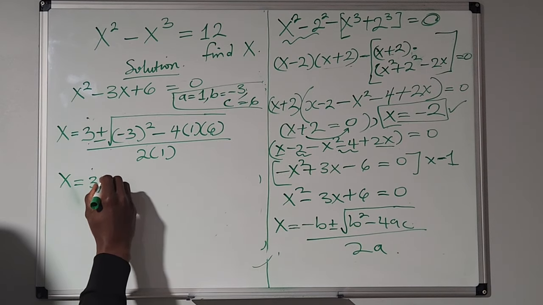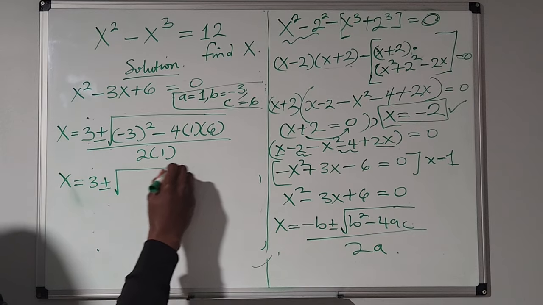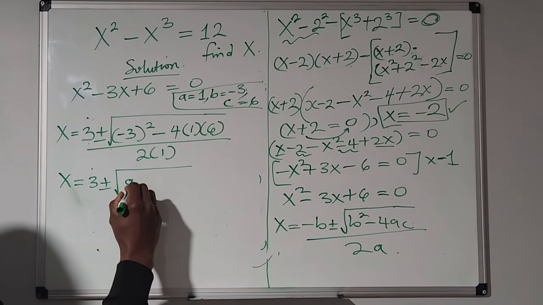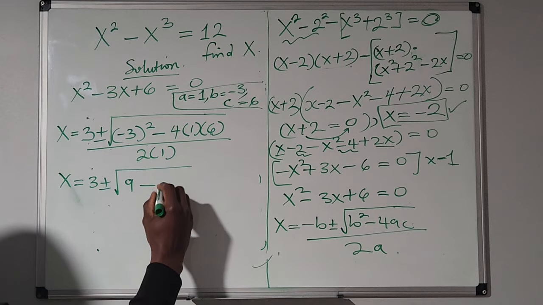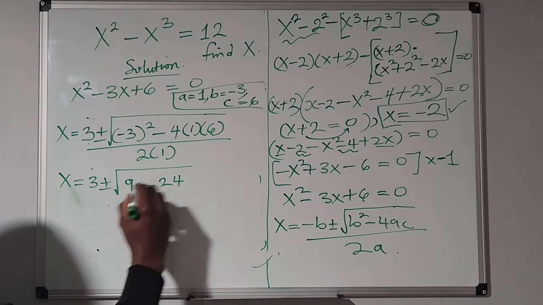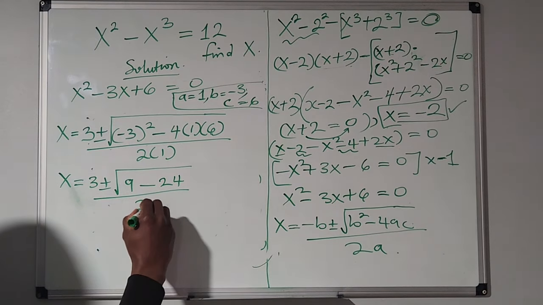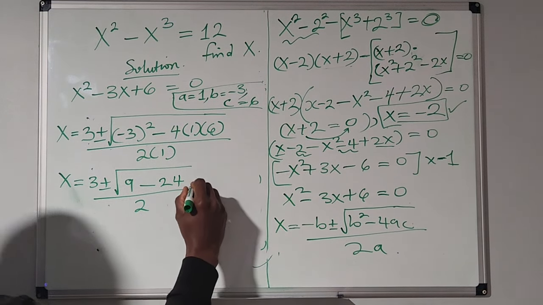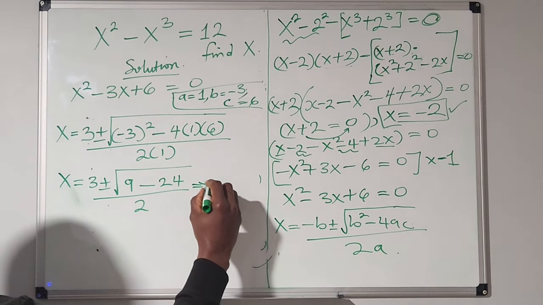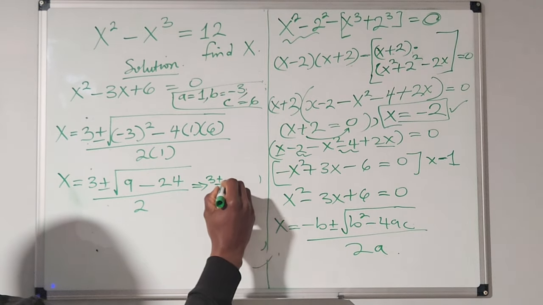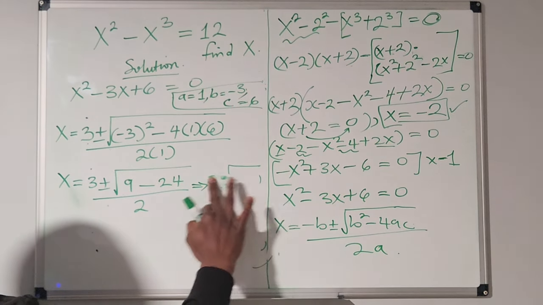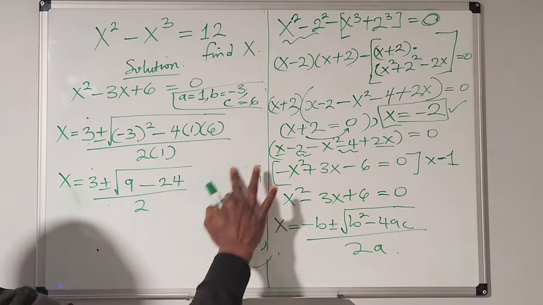Okay, so let's try to work this one out. We have 3 plus or minus. Minus 3 squared will give us 9 minus 6 times 4 is 24 divided by 2. Now this also becomes 3 plus or minus. Okay, let's do this on the side.